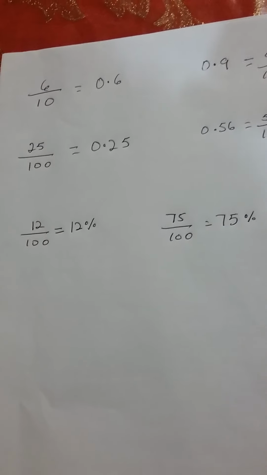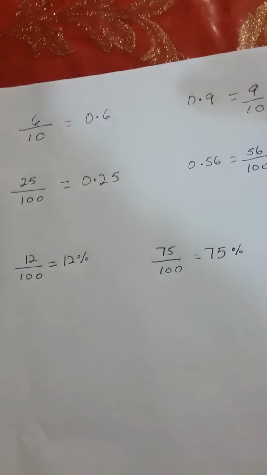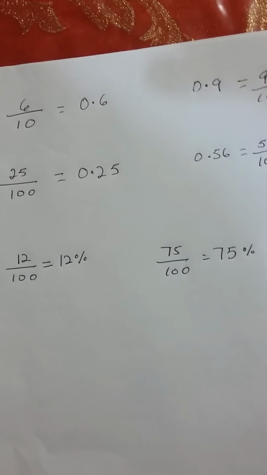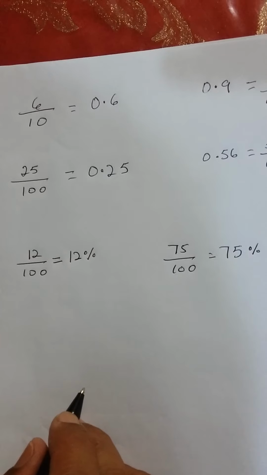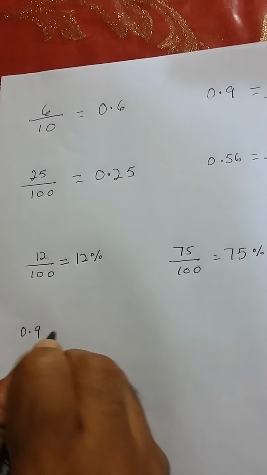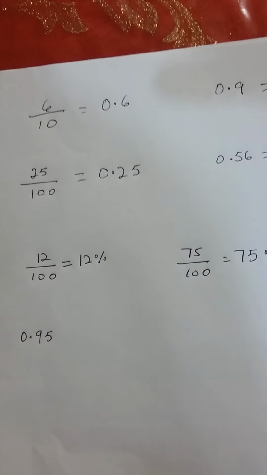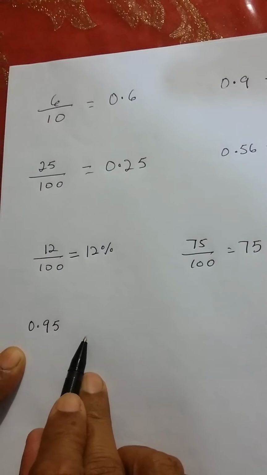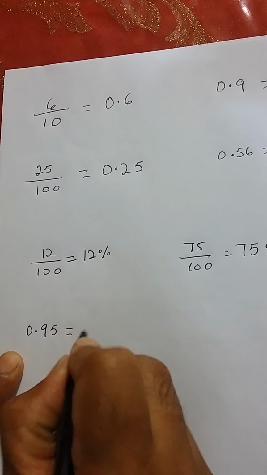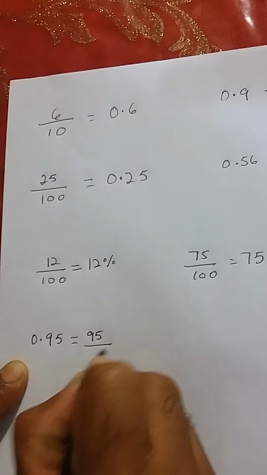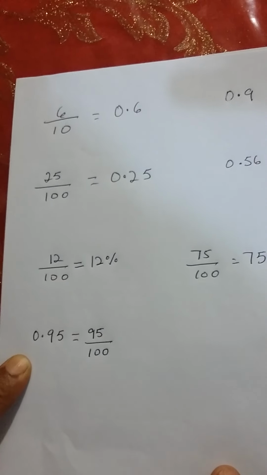So the work gets very, very easy now. You can see a fraction is another way of writing a percent. If I had 0.95 as a decimal, can you write this as a fraction? Yes, you would say this is 95 hundredths.